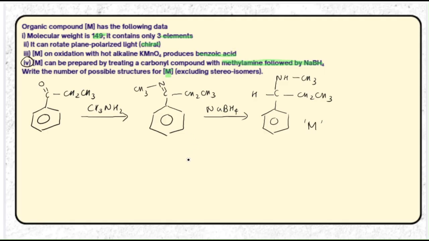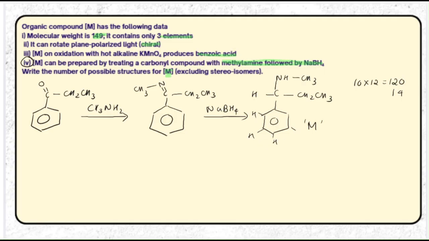Let's verify that. How many carbons do we have here? 6, 7, 8, 9, 10. There are 10 carbons. Its mass is 12 for one carbon, so it will be 120. There is one nitrogen, so for one nitrogen it is 14. How many hydrogens do we have here? 4, 5, here 5, 10. And students, don't forget the hydrogens here.